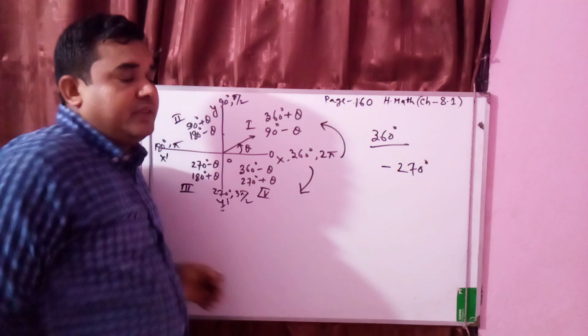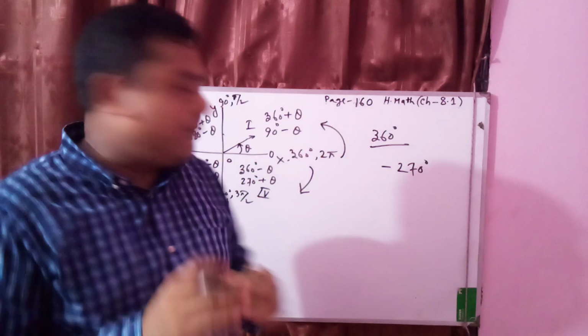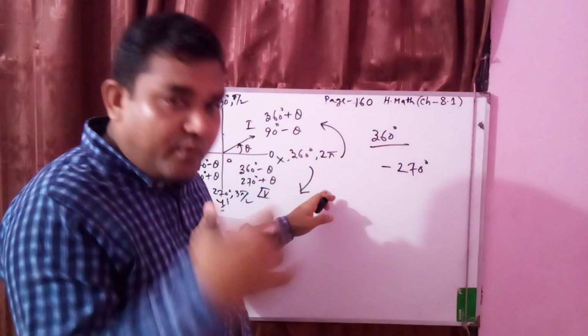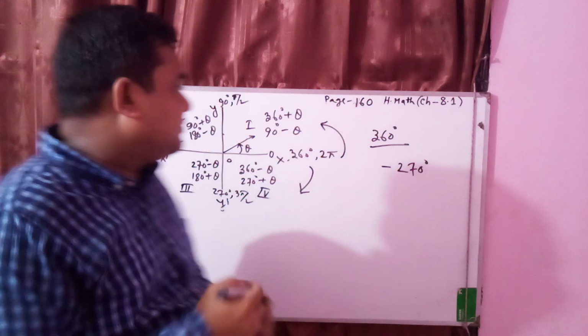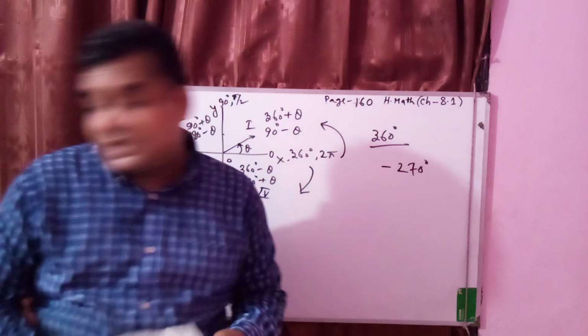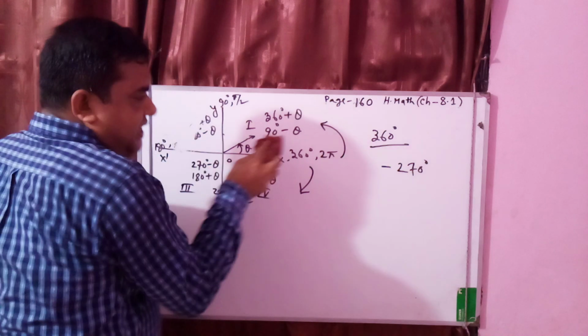That means a positive angle rotates anti-clockwise and a negative angle moves clockwise. Now we solve some mathematical problems. This is clear.